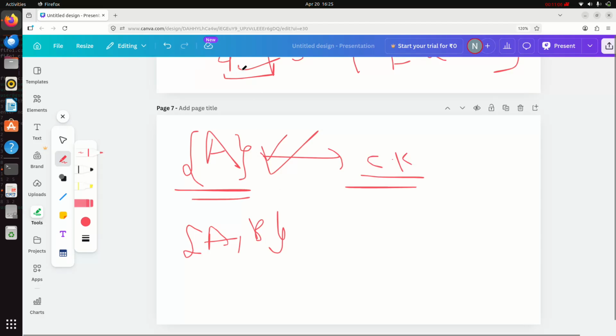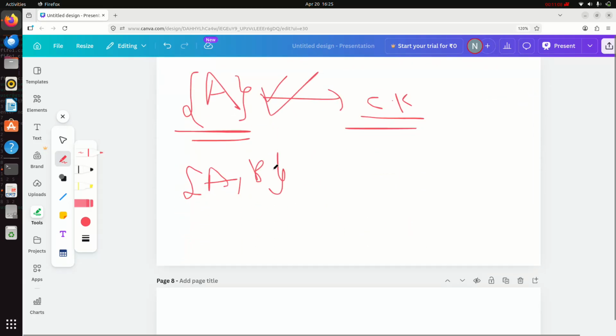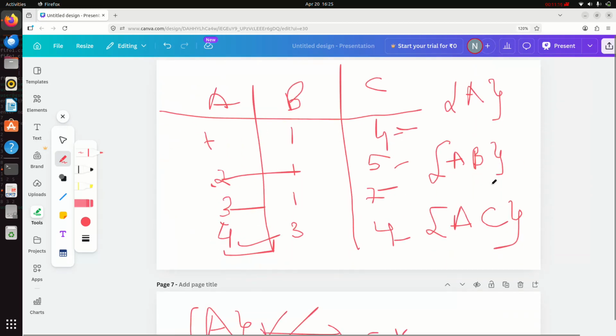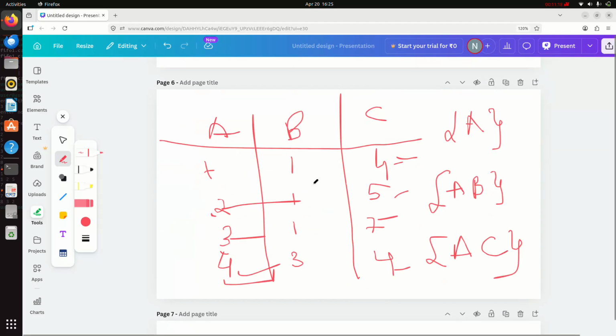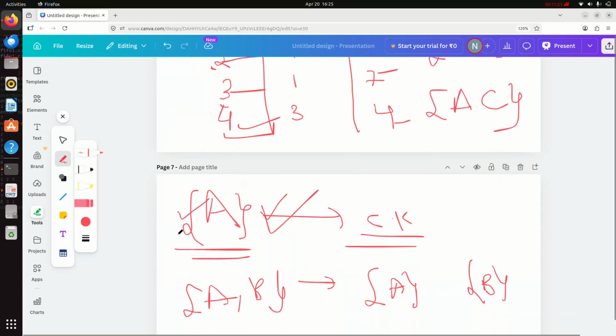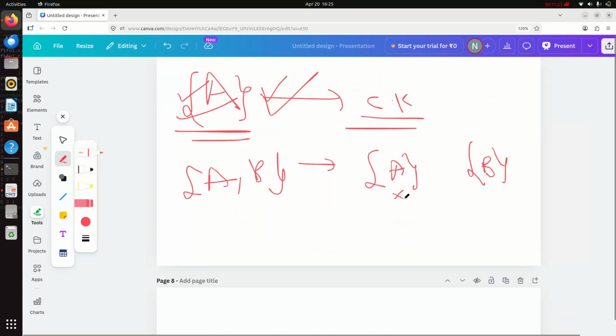Now consider AB. Its proper subsets are A and B. The proper subset should not be a super key, that is the condition of a candidate key. B is not a super key, but A is a super key. So AB cannot be a candidate key.